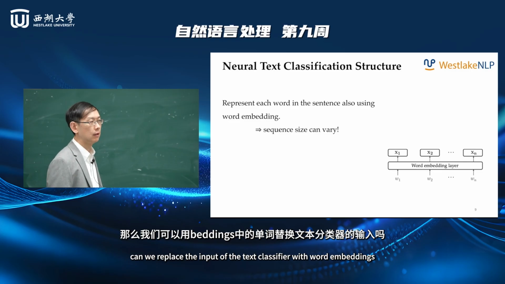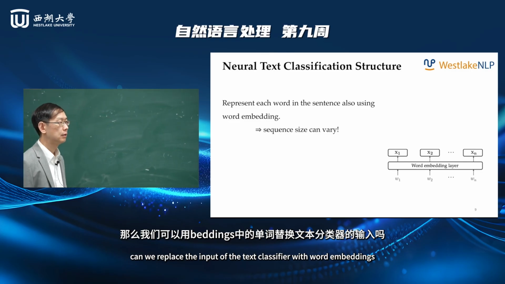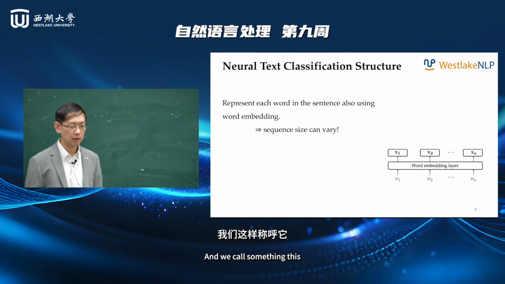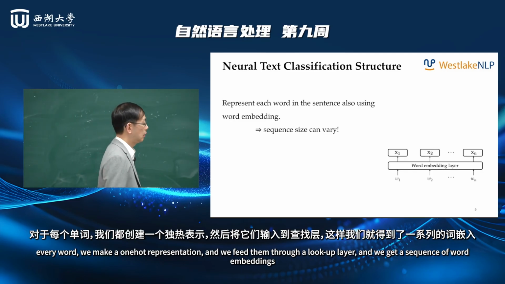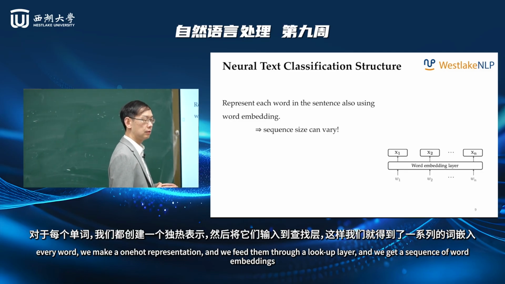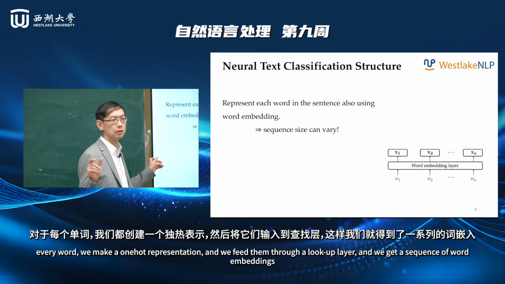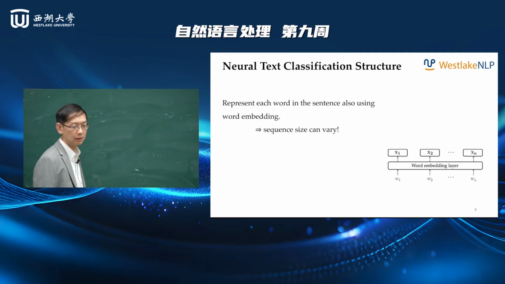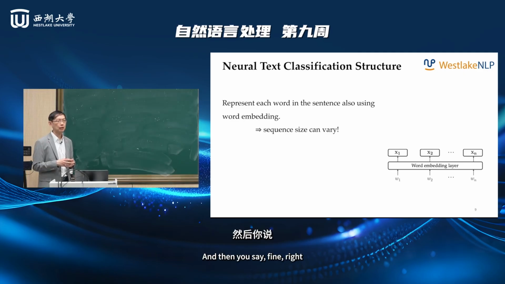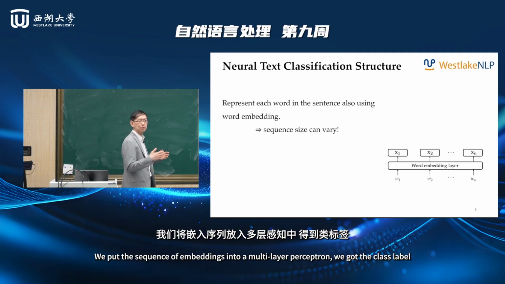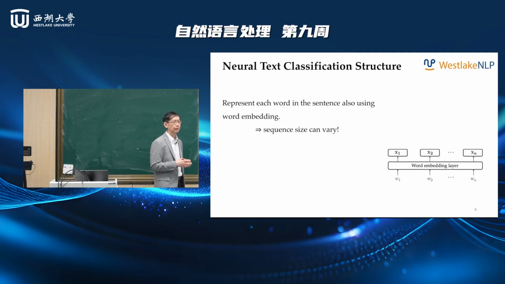So can we replace the input of the text classifier with word embeddings? And we get something like this. For every word, we make a one hot representation and feed them through a lookup layer, and we get a sequence of word embeddings. And then you say, fine, we put this sequence of embeddings into a multi-layer perceptron, and we get the class label.